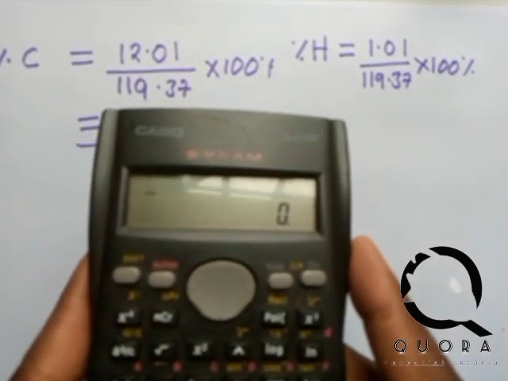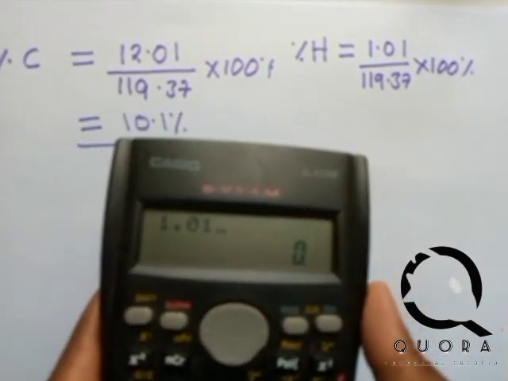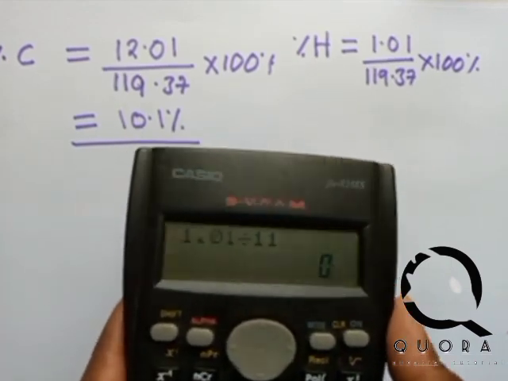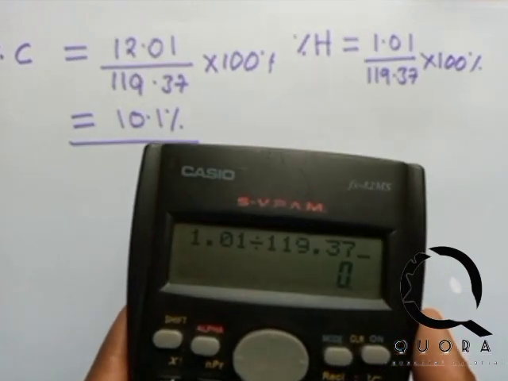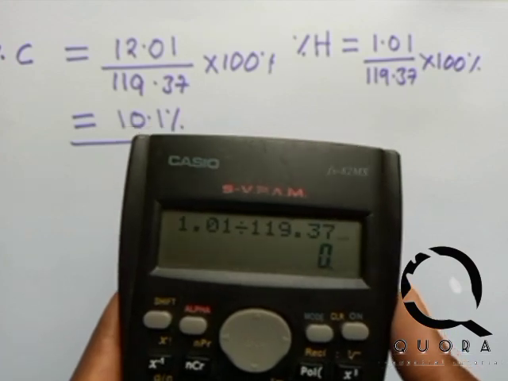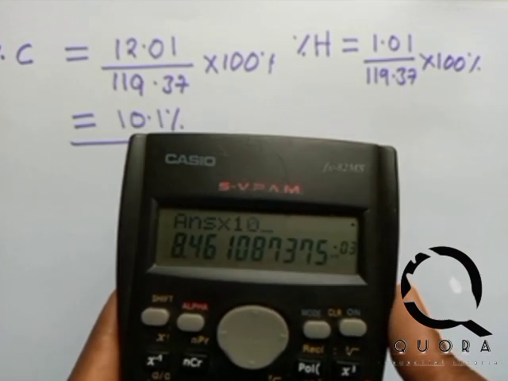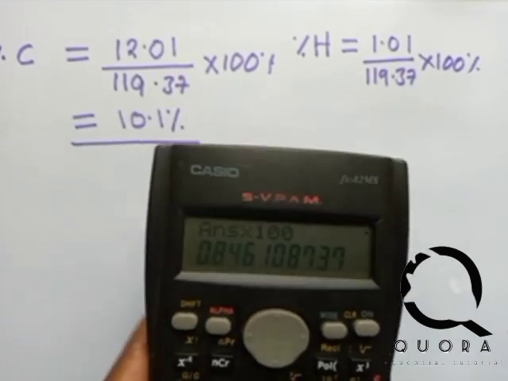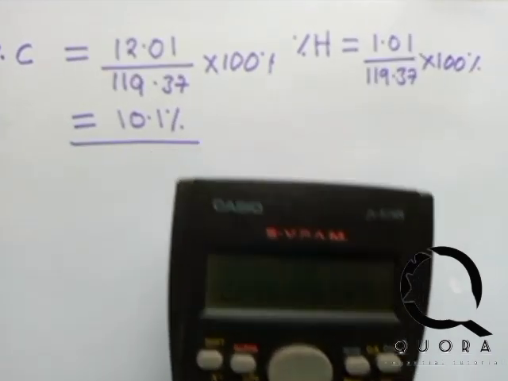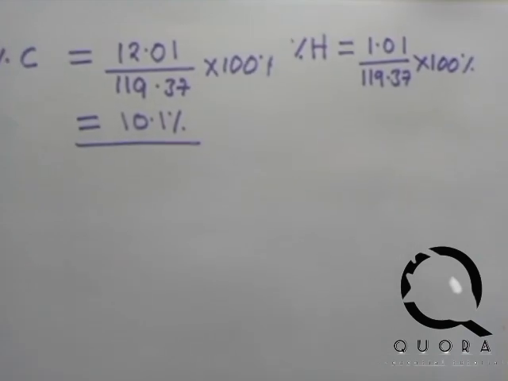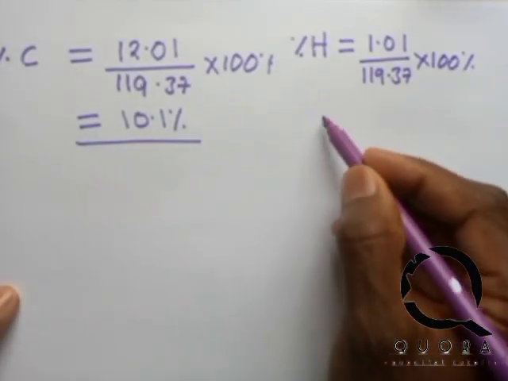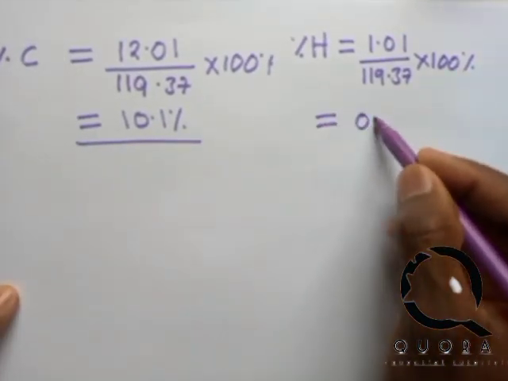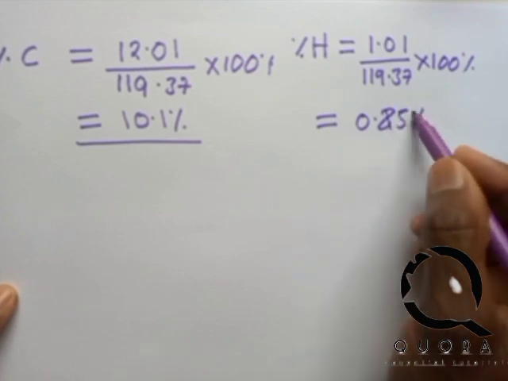So we are going to say 1.01 divided by 119.37. Then I'll multiply this by 100. What percentage are we getting? We are getting the percentage as 0.85. So the percentage composition for this has to be 0.85%.